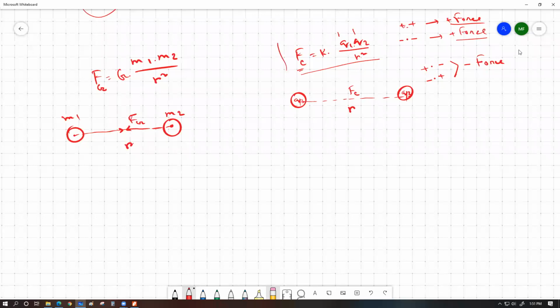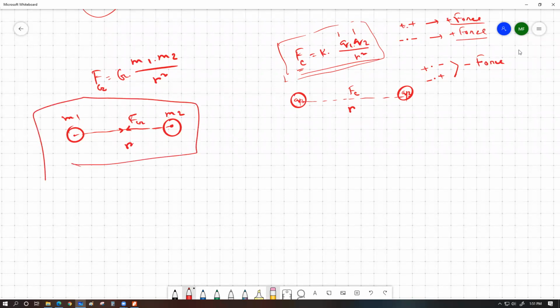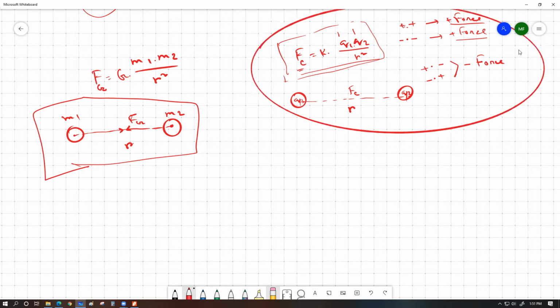So from Coulomb's law, we define that whenever we have attractive forces, we call them negative forces, and whenever we have repulsive forces, we call them positive forces. Because gravitational force is always exclusively attractive, from this consideration, we say gravitational force is a negative force because it is always attractive.